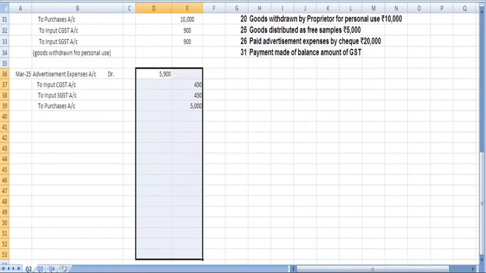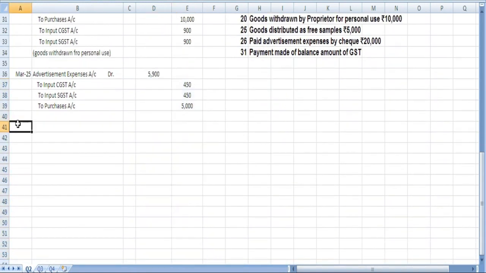Okay, so here let us do March 26. March 26, paid advertisement expenses.